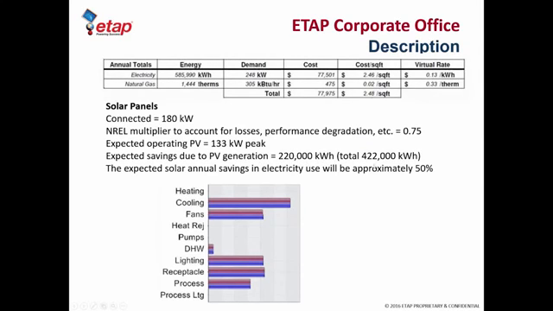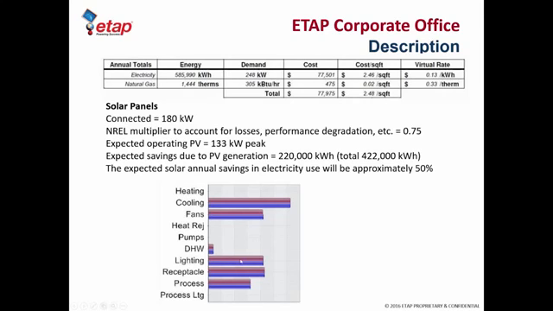And the annual savings in electricity used to be approximately 50%. Now, not going through all the numbers in detail, but as you can see in any commercial facility, whether it's a data center or a commercial office building, the biggest energy consumer is cooling, and any cooling fans or HVAC units.